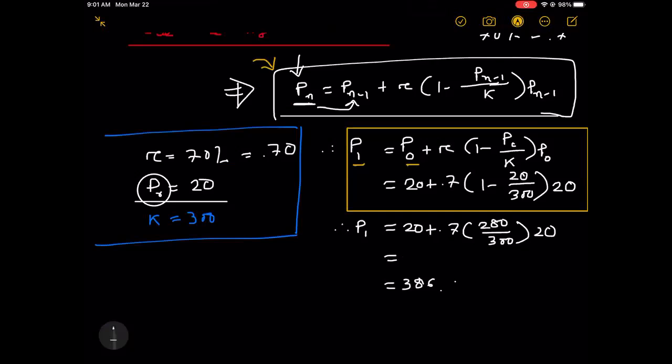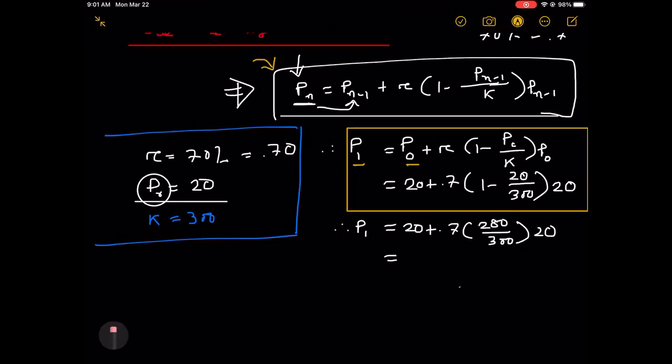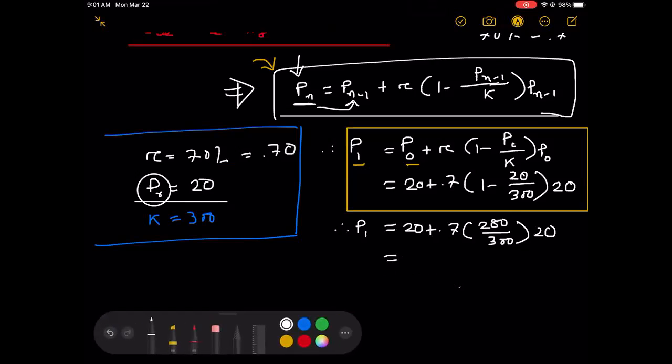Yeah. Okay, let me check. It doesn't look right though. Oh wait, no, I put in something wrong. Never mind. Since our initial population was 20, it shouldn't be this much. It should be somewhere close to 20. 386 looks way too much.